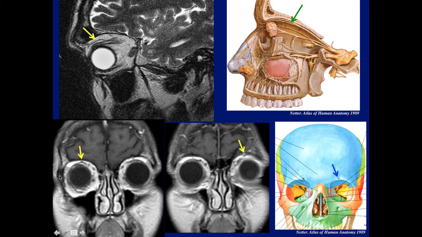But notice you can see nicely on the coronal images, here's the nerve, the supraorbital nerve, because it's more medial, and we can actually follow it anteriorly until it exits, as you can see on the skull. This is the supraorbital notch, or the supraorbital foramen, where the nerve comes out. You can see over here.